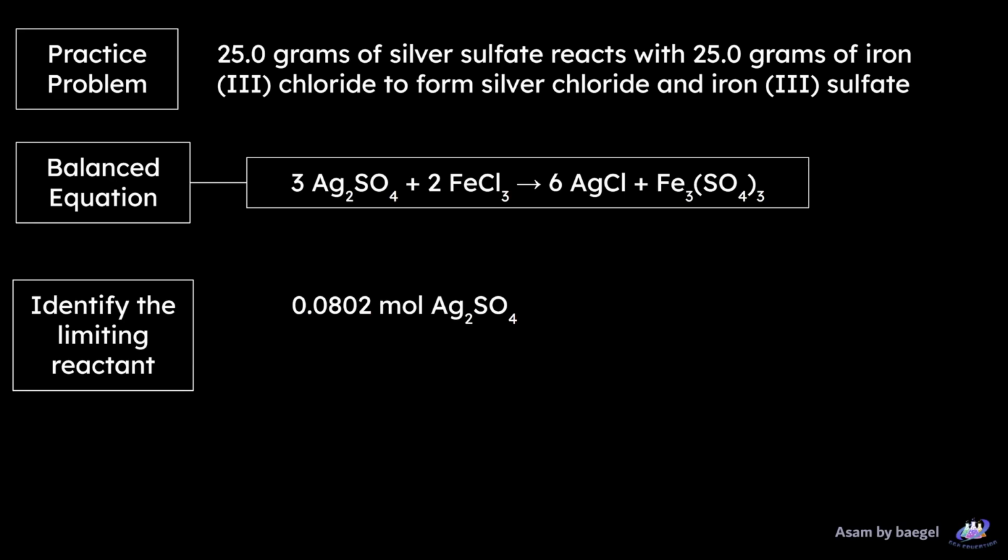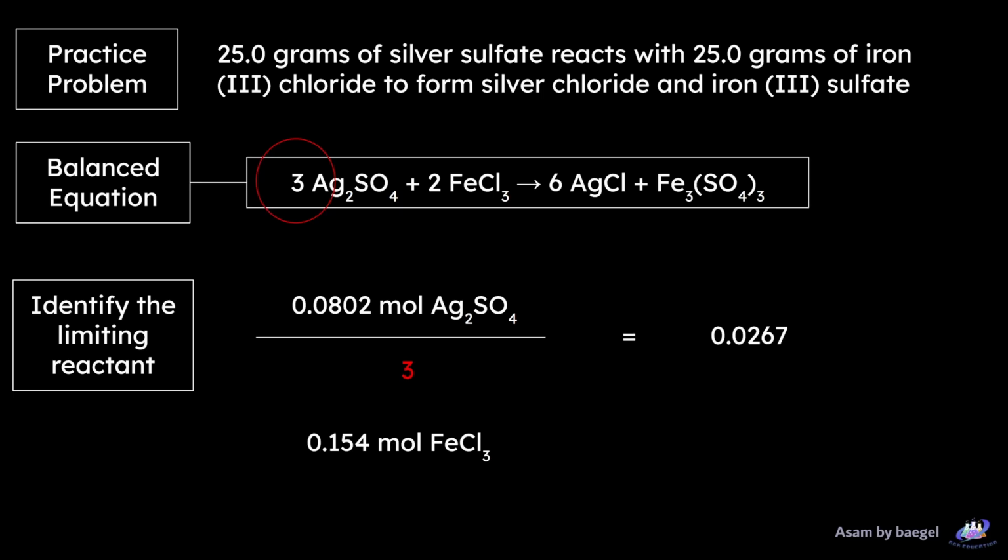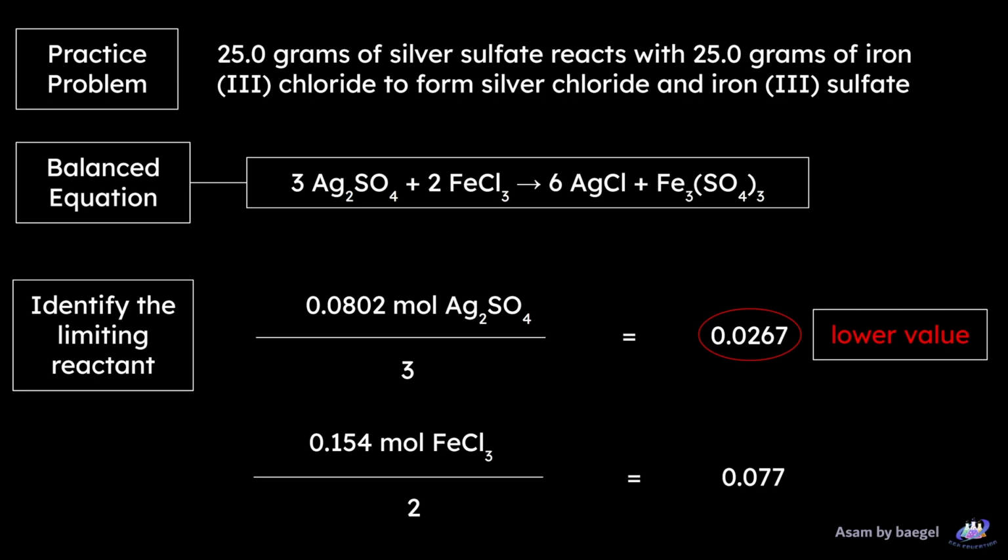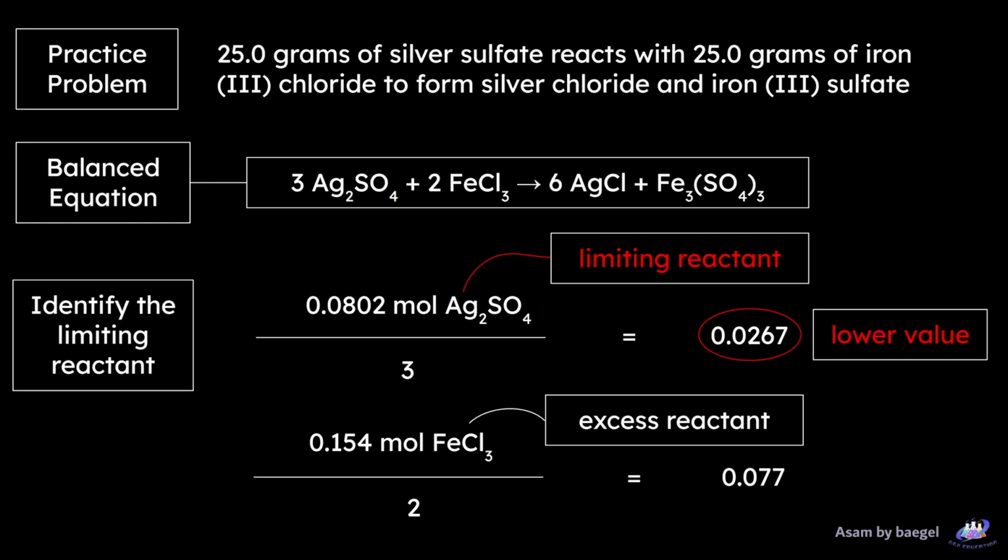As we said earlier, for every 3 moles of silver sulfate, we need 2 moles of iron chloride. Comparing these two values, we find that silver sulfate is the lower number. This indicates to us that silver sulfate is the limiting reactant, and thus iron chloride is the excess reactant.